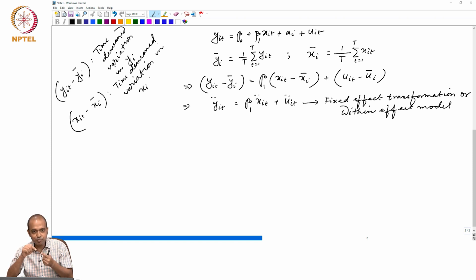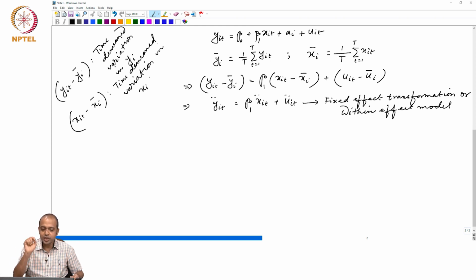So, 750 minus 500, that is basically YIT minus YI bar. I am calculating this for each year and then for each individual. So, for each individual I am trying to explain why there is some variation in that YIT minus YI bar. Instead of explaining YIT, we have to keep in mind our dependent variable has now become YIT minus YI bar.